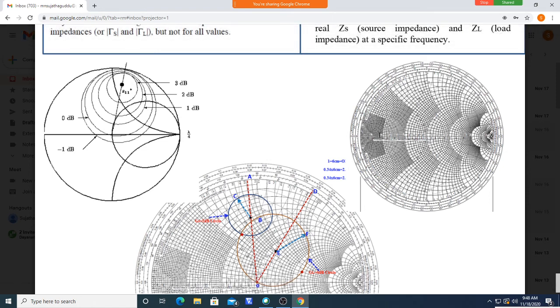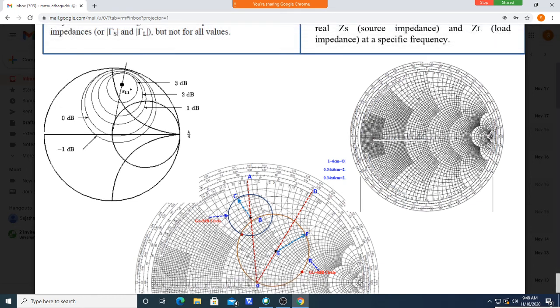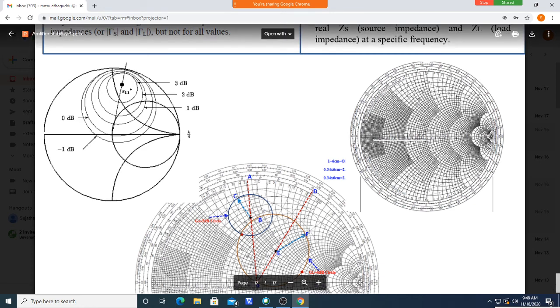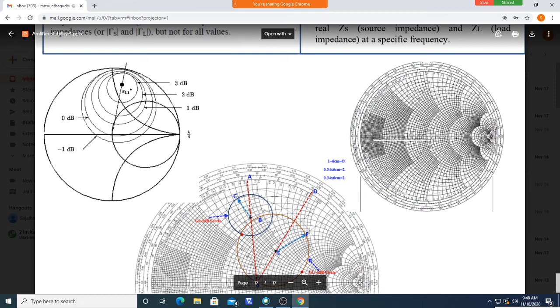So how to check that? That is the graphical solution. We cannot use any value over this. Only particular values of impedances Zs or Zl over this Smith chart give the stable operation. So you should check which values of Zs and Zl give the stable operation. For that you should go for the graphical solution.